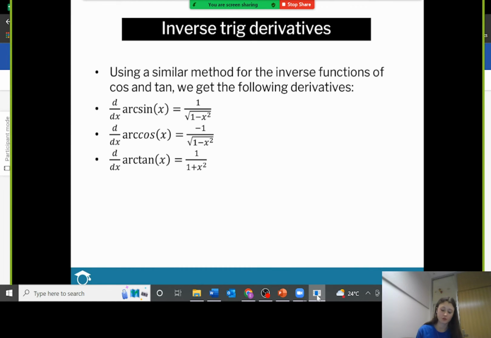For inverse trig derivatives, these ones are pretty straightforward too.